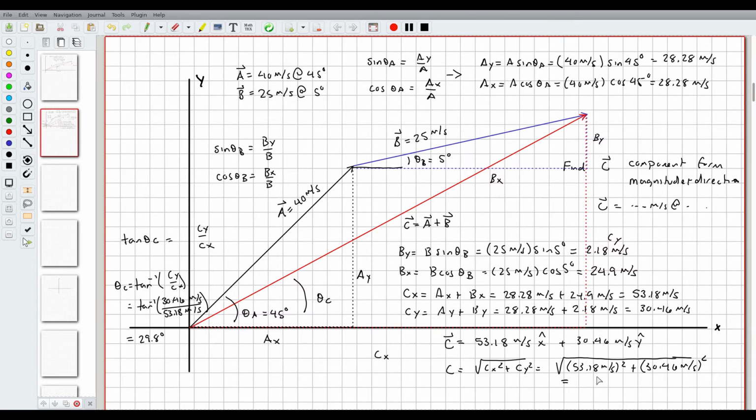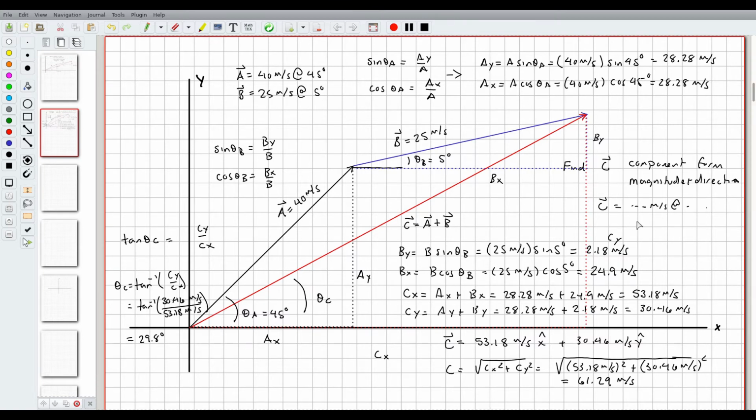Actually, let me do the calculation here. You take your square root and you end up with 61.29 meters per second.